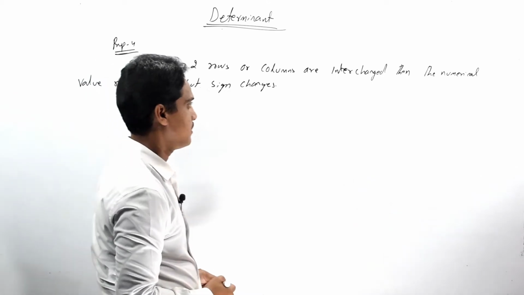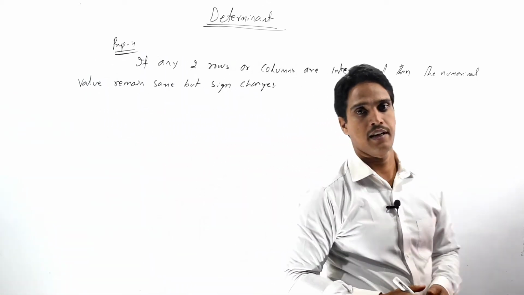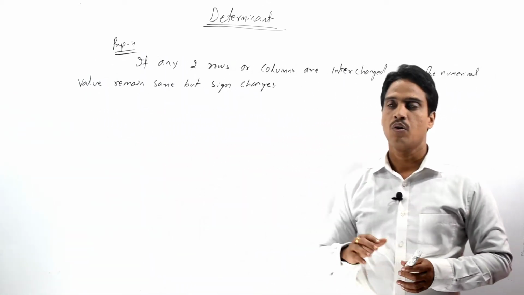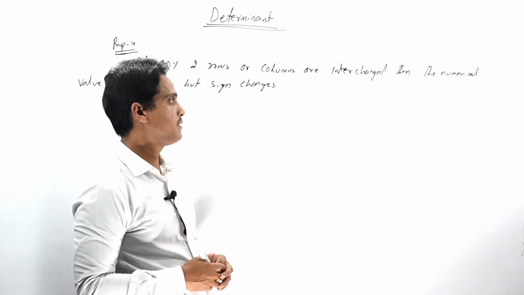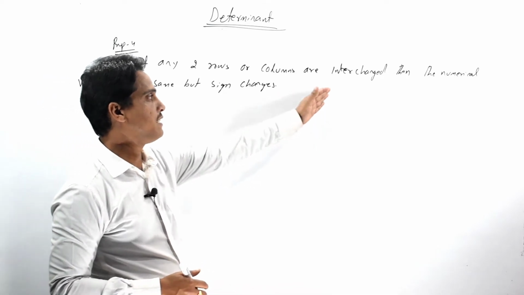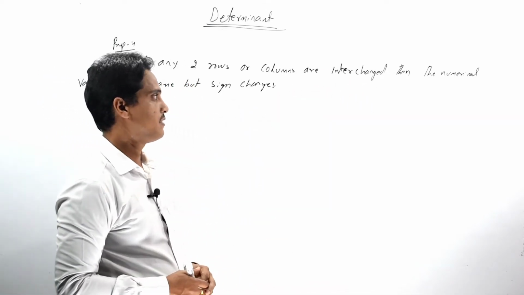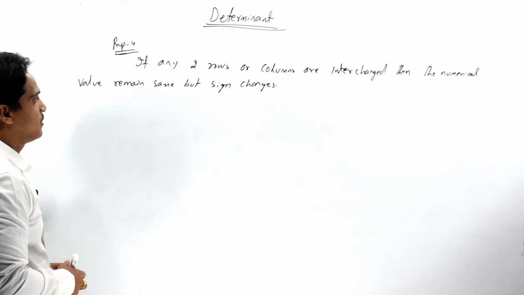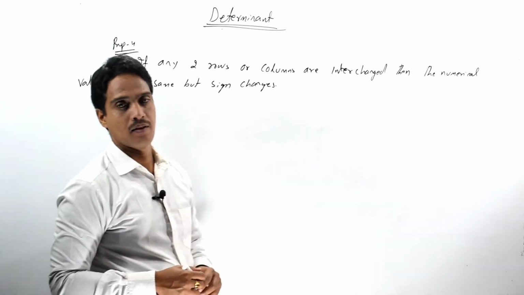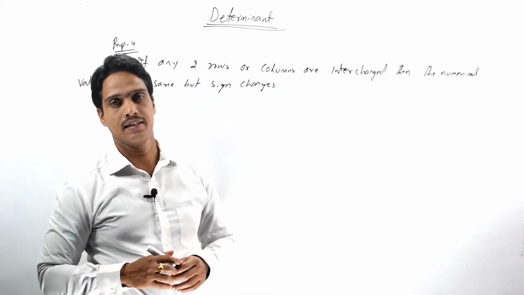That means if any two rows or columns of a determinant are interchanged, then the numerical value remains the same but the sign changes.